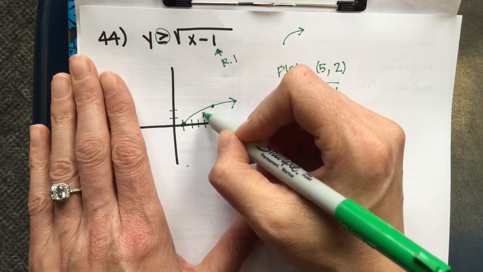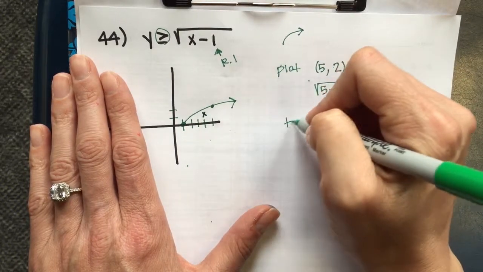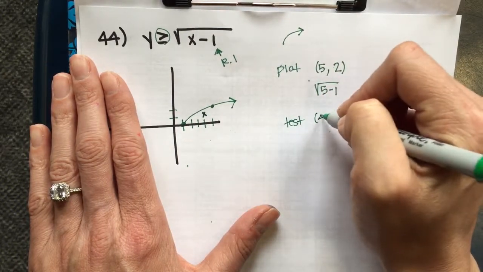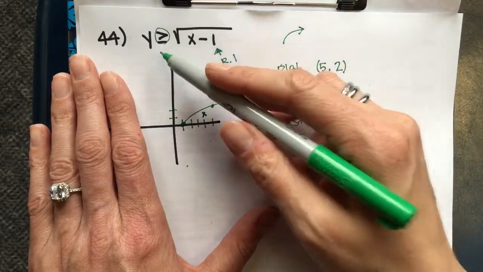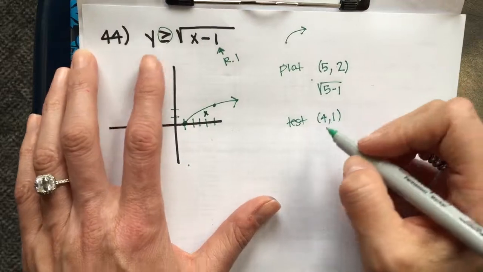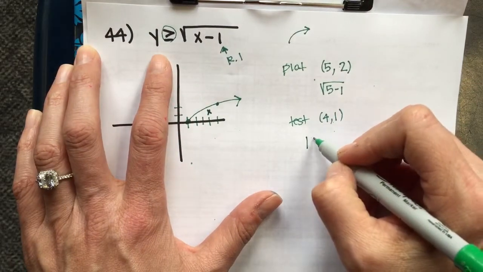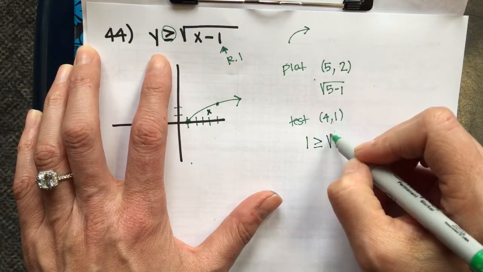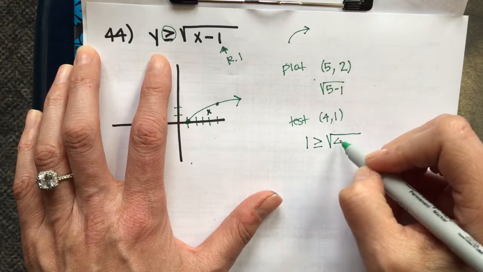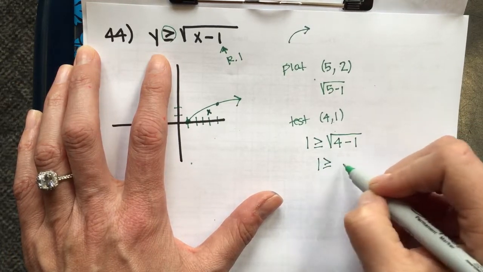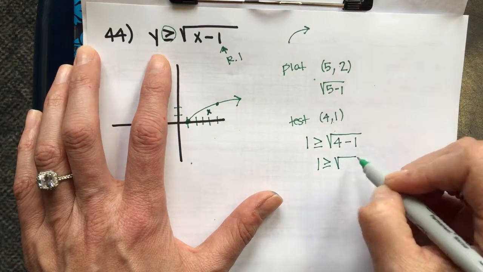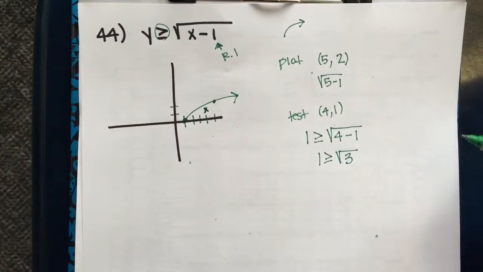So I'm going to test the point 4, 1. That means I substitute 4 in for the x, 1 in for the y, and I see if this inequality is true. So that gives me 1 is greater than or equal to the square root of 4 minus 1. 1 is greater than or equal to the square root of 3.